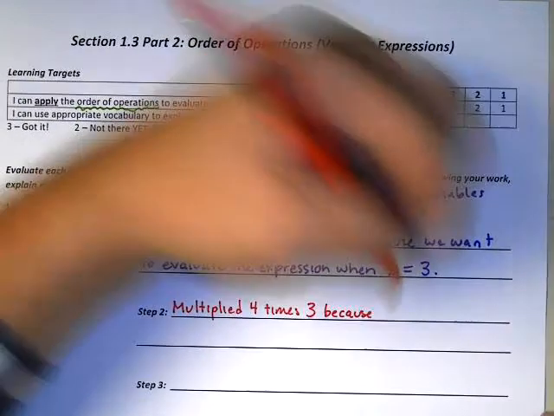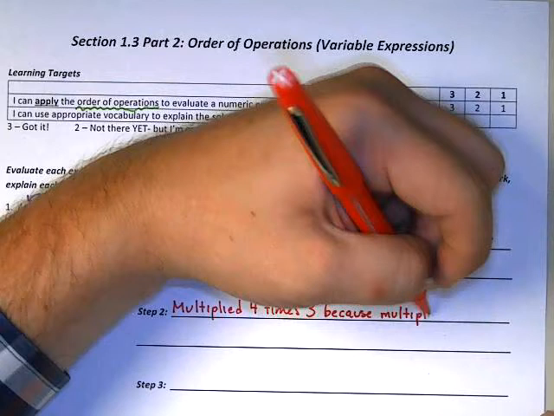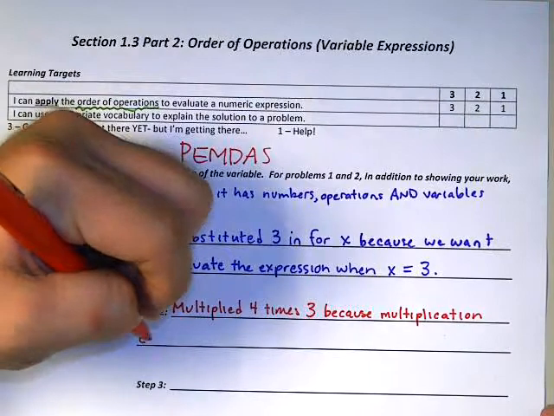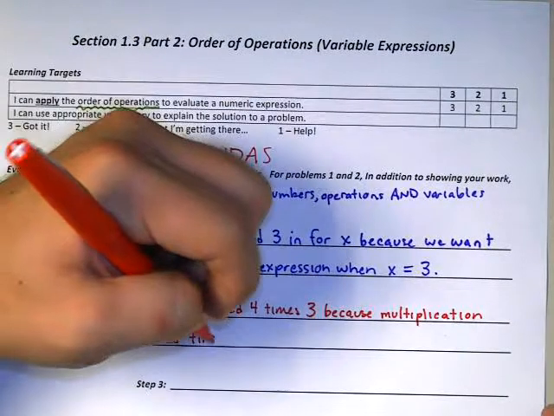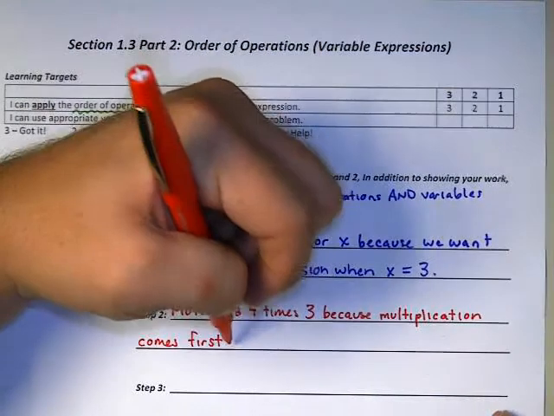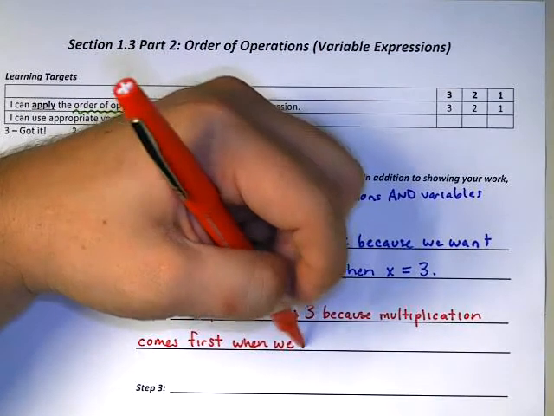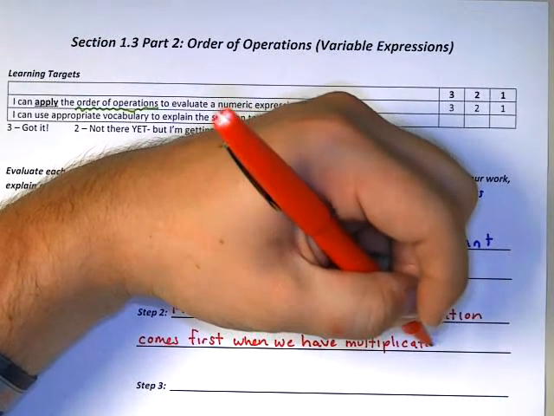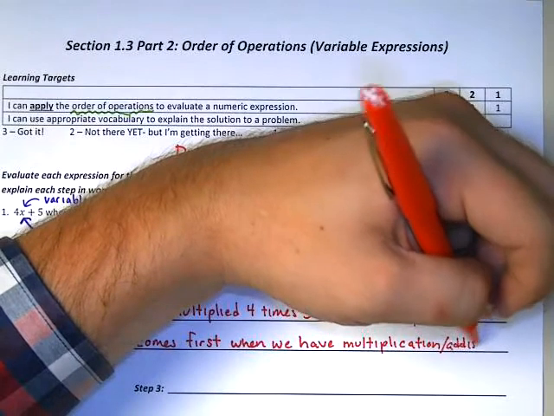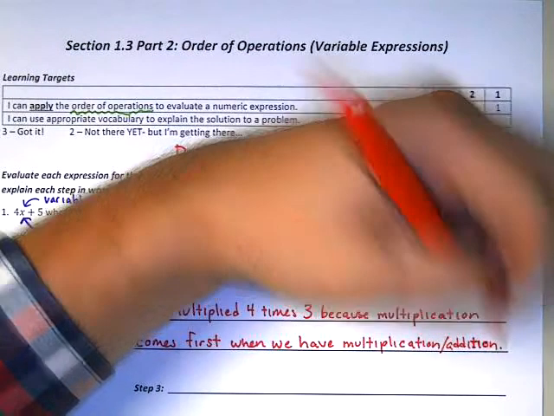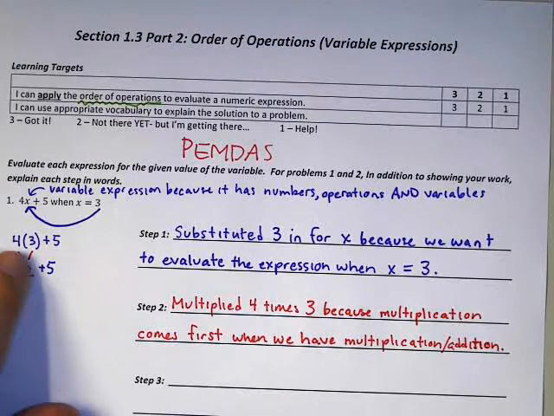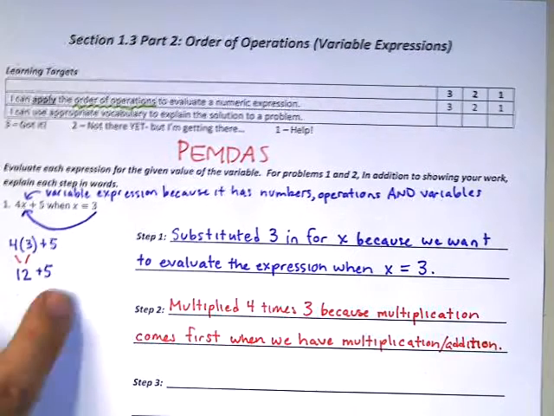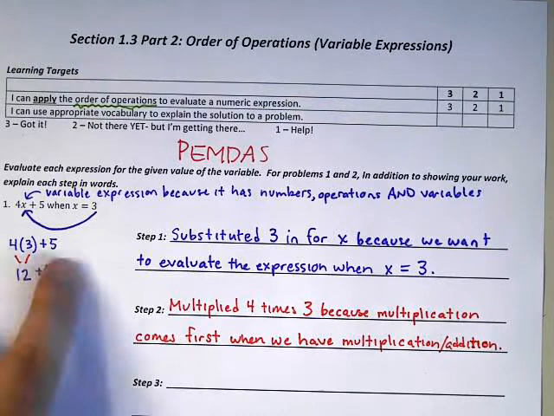Because multiplication comes first when we have multiplication and addition. Addition. Oh my gosh, I can't spell. All right. So again, guys, if we look and we have a times and a plus, well, we know that if we follow PEMDAS, multiplication is going to come before addition. So that's why I took and did 4 times 3 before I did anything with the 5.